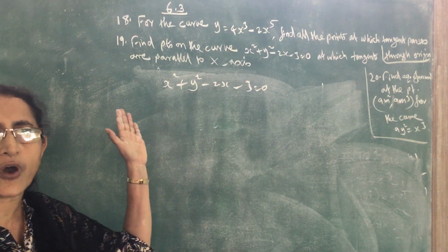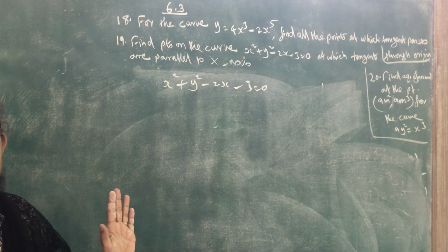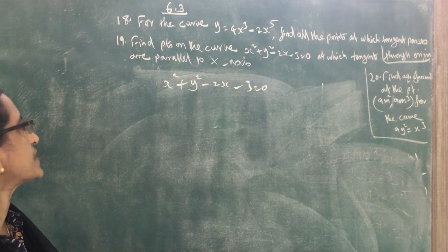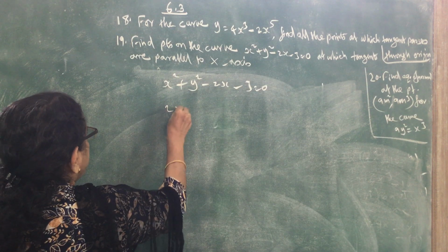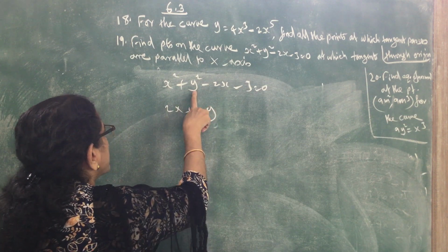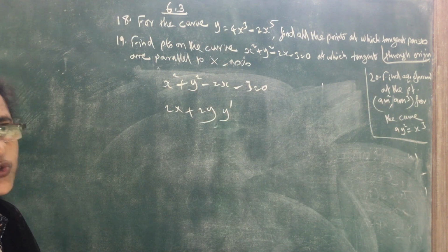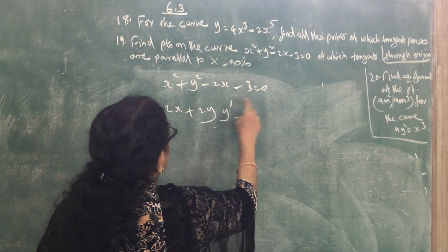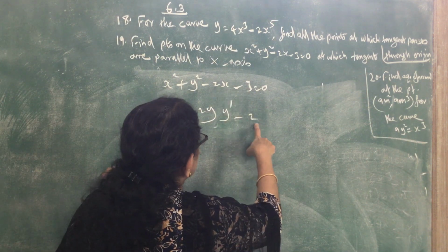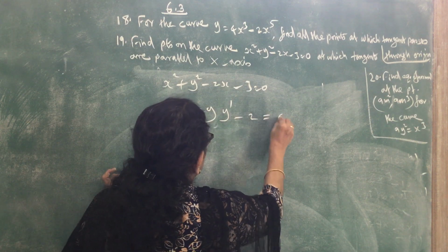This is implicit form, so we have to find dy by dx. So differentiate each term with respect to x. So 2x plus 2y into derivative of y, that is y dash, or dy by dx, minus 2 into derivative of x, 1, minus 2. Derivative of minus 3, 0.